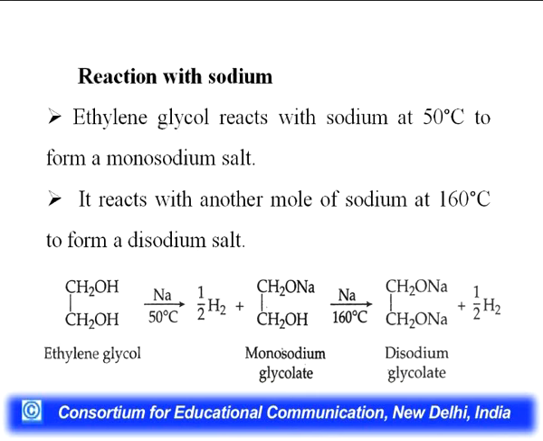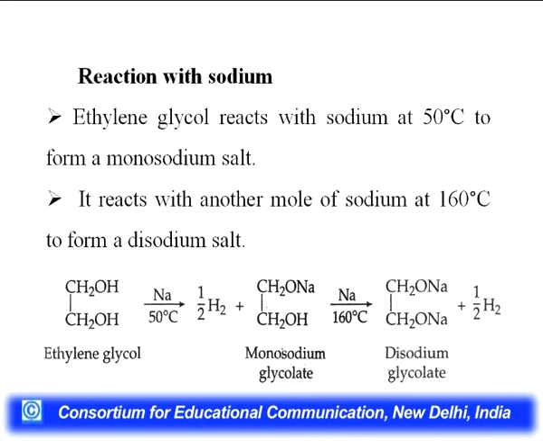First of all, we will discuss the reaction with sodium. You can see in the slide that ethylene glycol, when it reacts with sodium at 50 degrees Celsius, forms a salt. It is a monosodium salt, and it reacts with another mole of sodium at higher temperature, that is 160 degrees Celsius, to form a disodium salt.